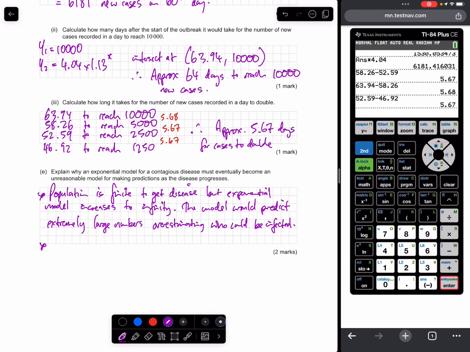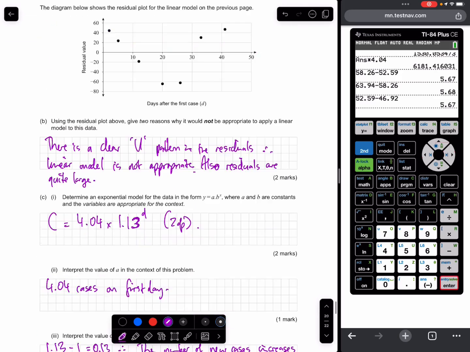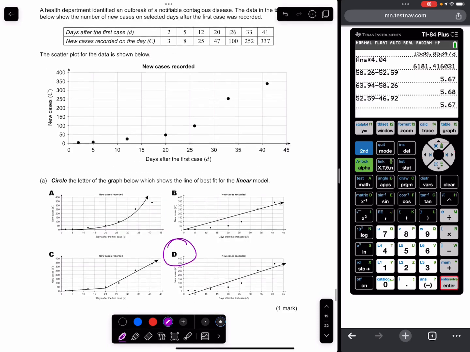Also, disease spreads between people, and country borders would halt spread, so there would be deviations from model prediction. Just think of reality versus this perfect model suggesting the number of new cases.